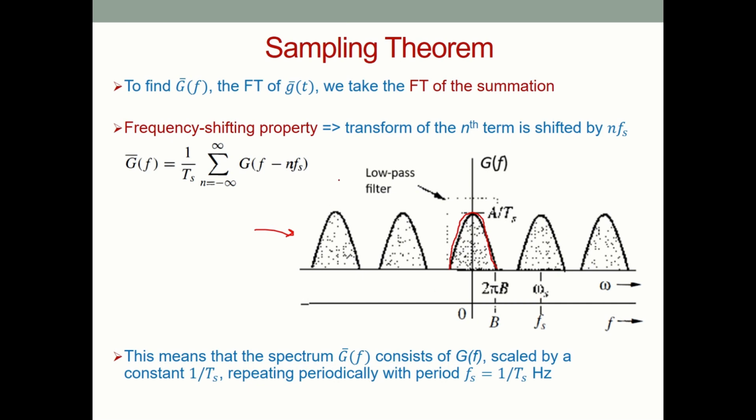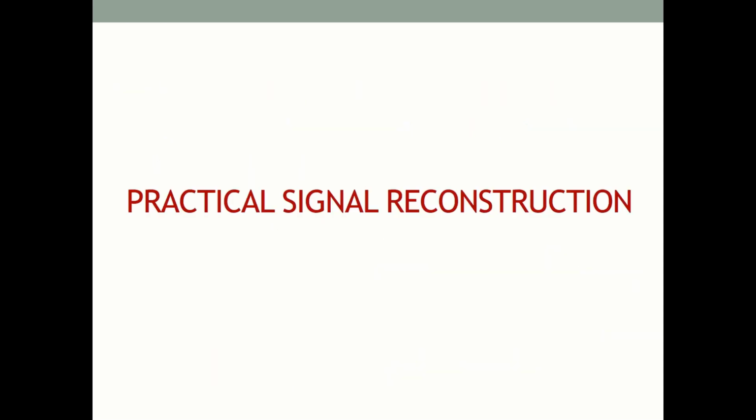The explanation of this is discussed in the video related to sampling. Now we will discuss practical signal sampling and reconstruction, where impulses are not used but actual pulse shapes are used to perform sampling and reconstruction.